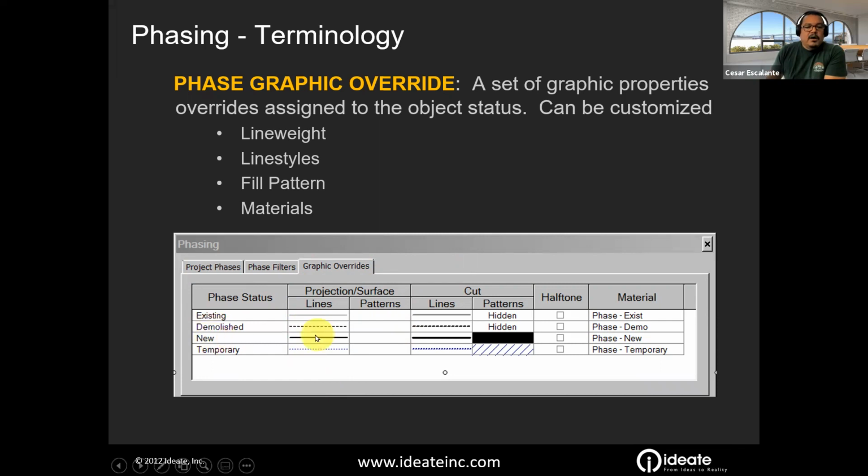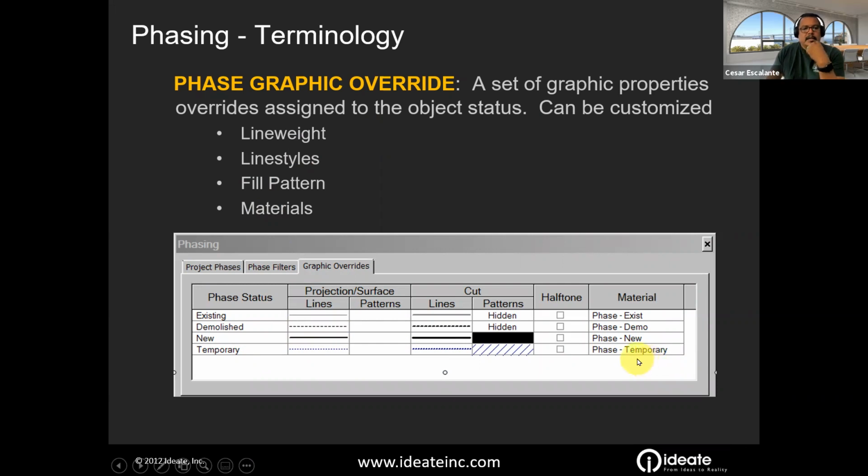You can have new objects have a different line weight. You can also assign materials in this override. And then temporary objects that are created in the current phase and demolished in the current phase usually receive these dotted lines.